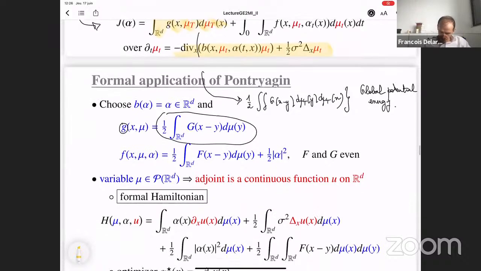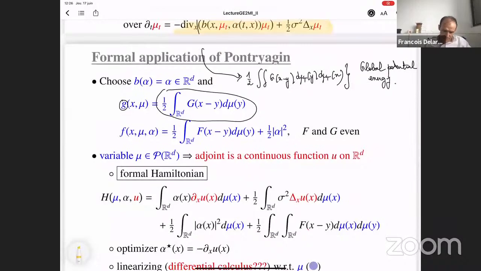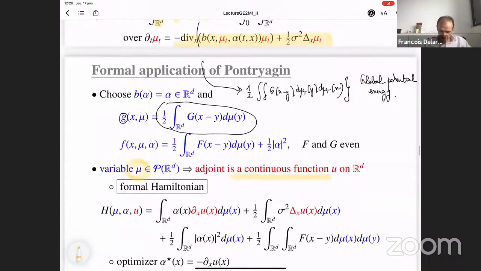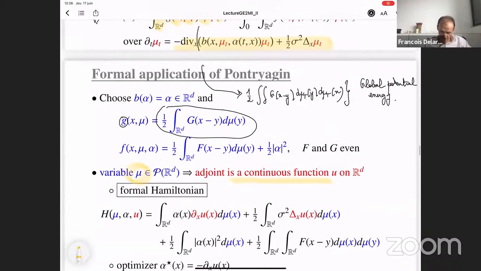Here the state variable is a measure, and so the dual variable should be intuitively in the dual space, so this should be a continuous function. And so the way you get the Hamiltonian is in this way.